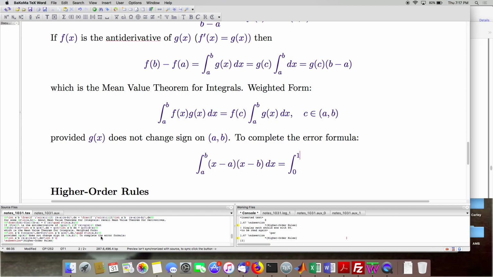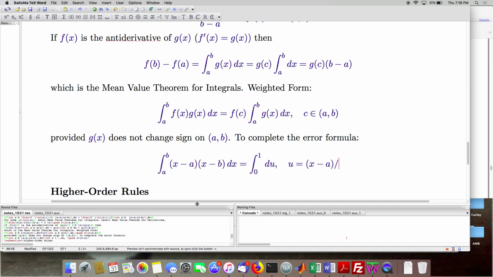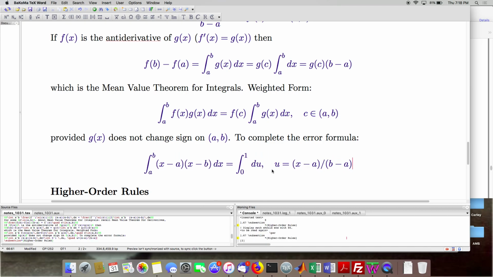I'm going to make a change of variable where I'm going to map the interval AB to the interval from 0 to 1. So I have a change of variable u is equal to x minus a over b minus a. So if I plug in x equal a, I get 0. If I plug in x equal b, I get 1.